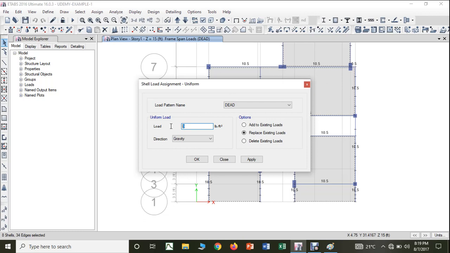If I want to convert 1.5 kilonewton per meter square to pounds per square feet, I have to apply around 32 pounds per square feet.